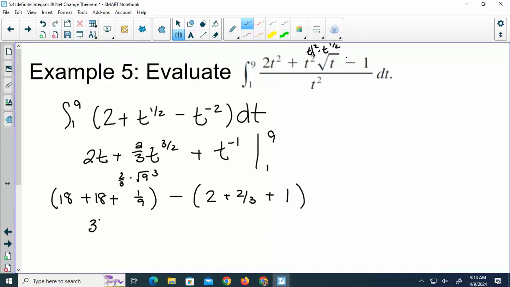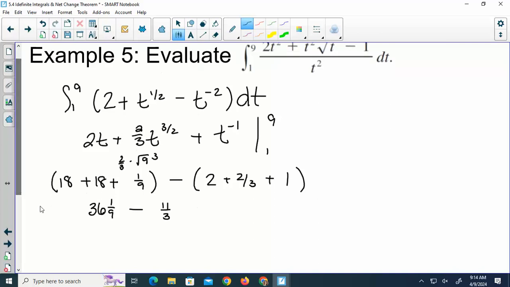So we get 36 and 1/9. You could put that together if you wanted. Minus 3 plus 2/3. So 3 is 9 over 3 plus 2 over 3 is 11 over 3. All right, so let's keep going. 36 times 9.